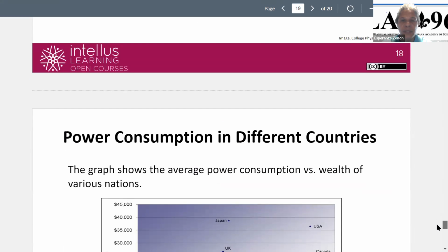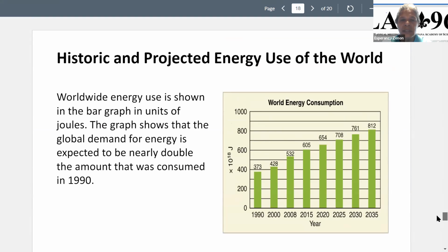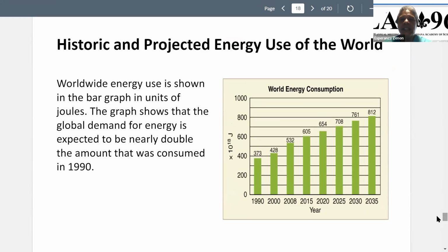And then this last one, well, there are a couple left, talking about energy use in the world. Right now we're paying a little over $4 a gallon. This kind of stuff means something when you start thinking about your pocketbook. So look at the level of energy consumption and how it's projected based on data and analysis that have been done.